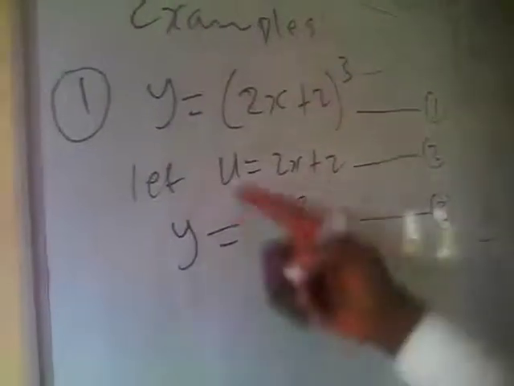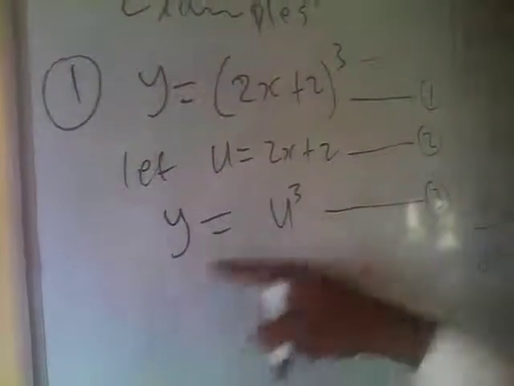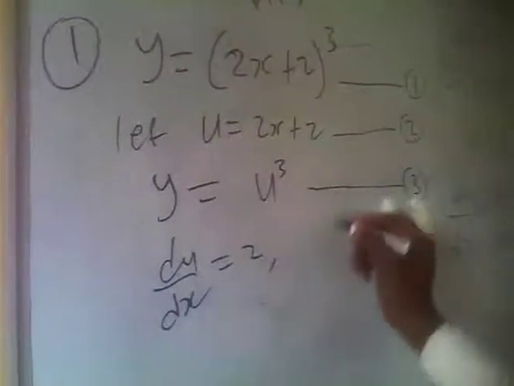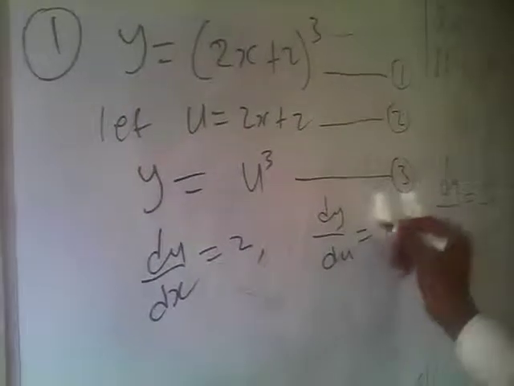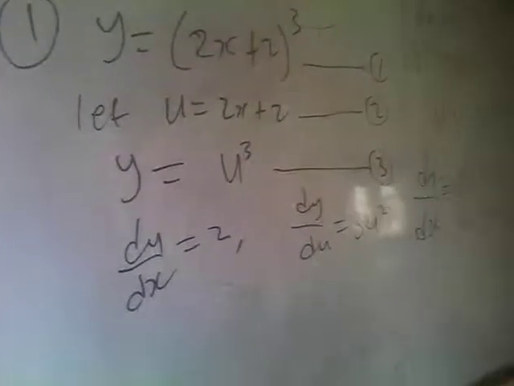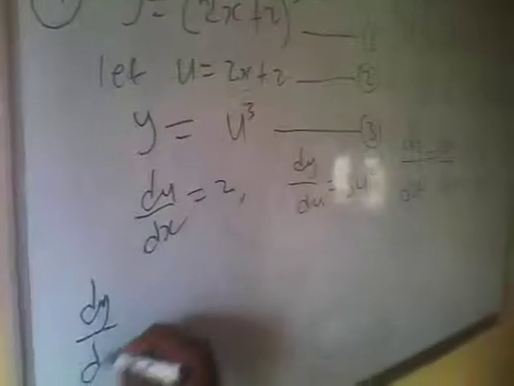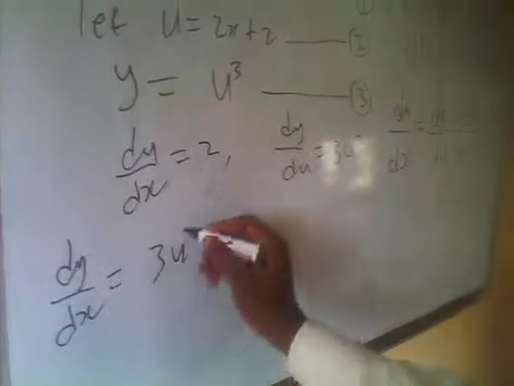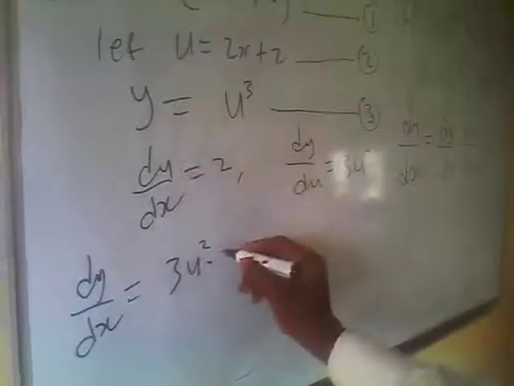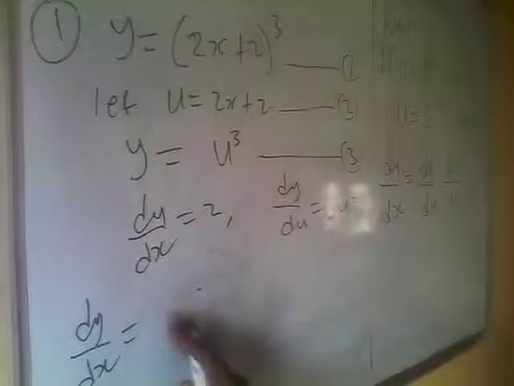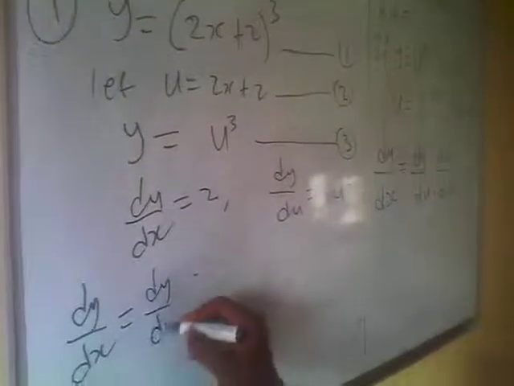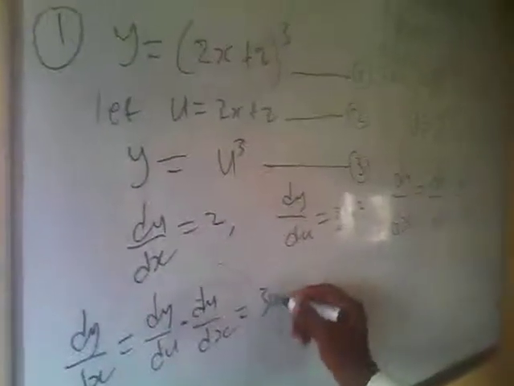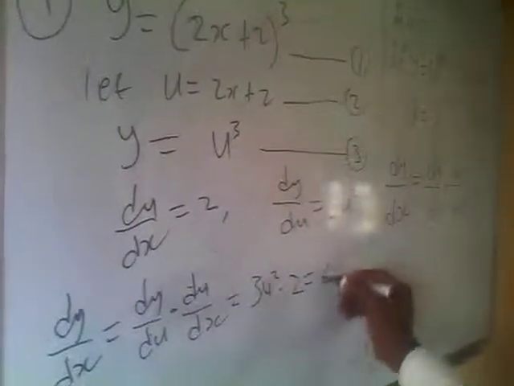So we can differentiate u with respect to x and y with respect to u. That means du/dx will be 2, and dy/du will be 3u squared. Now dy/dx is the product of the two derivatives. Let me write out the formula: dy/dx is dy/du times du/dx, which is 3u squared times 2, which is 6u squared.